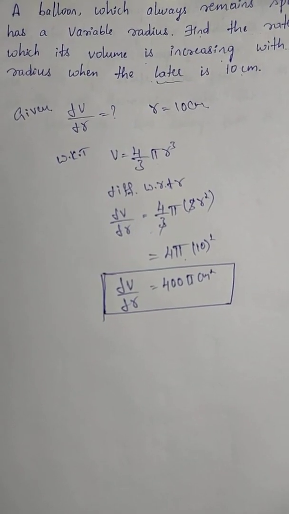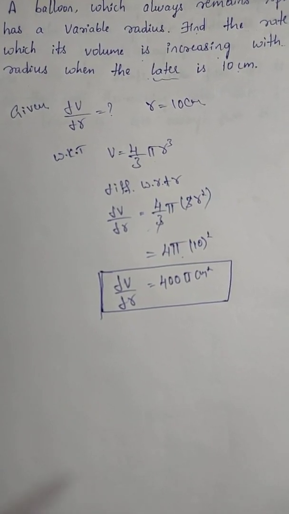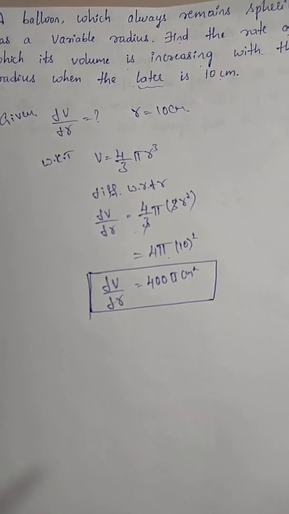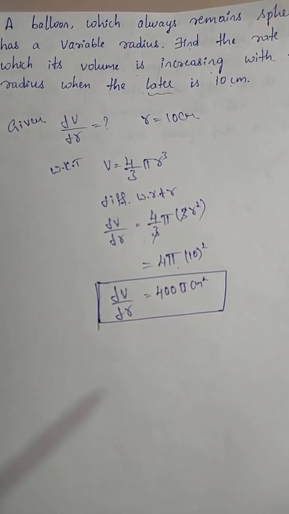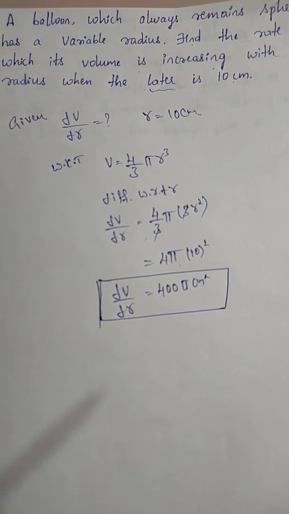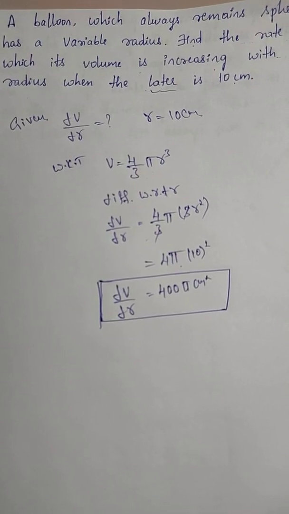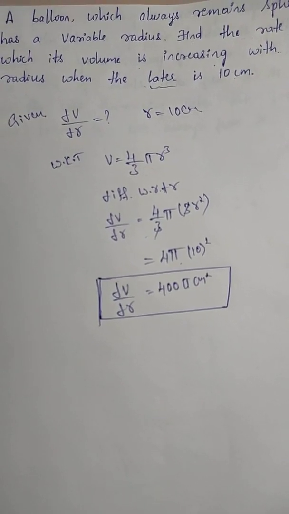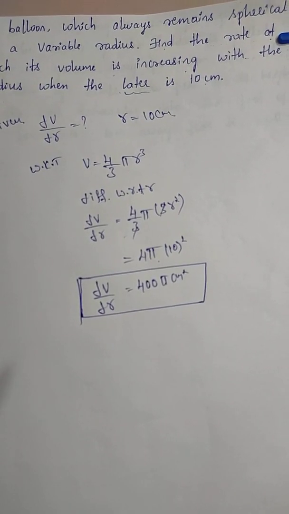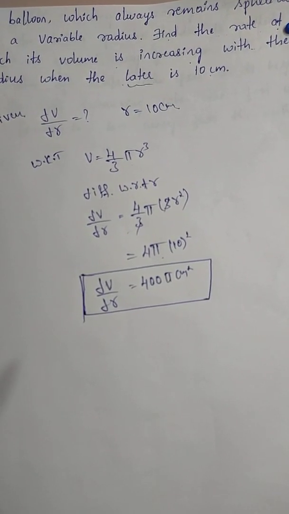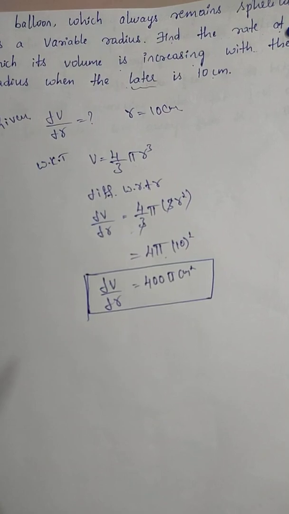The second and third questions that we discussed in this video, these two problems are very important. Maybe they will ask them in the exam. The perimeter of a rectangle and the area of a rectangle are very important. Is it clear? Is it okay?